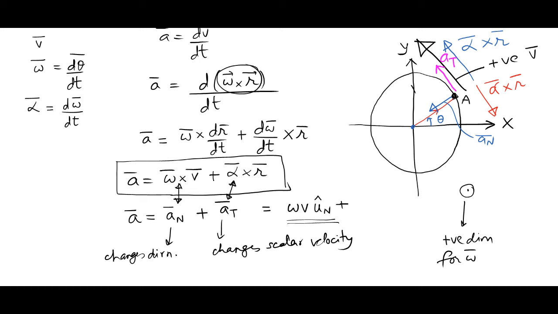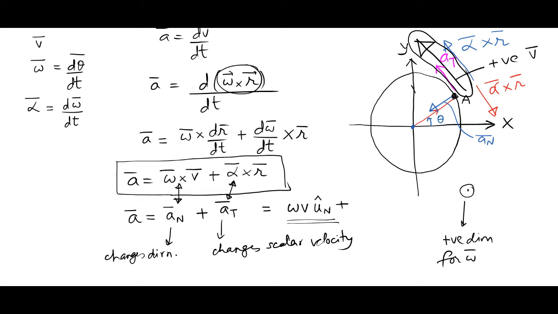So now you know that omega is positive in this direction in the given situation, because actually omega bar is in that direction. And you also know that V is positive if I assume this conventional direction, because the velocity is actually in this direction.